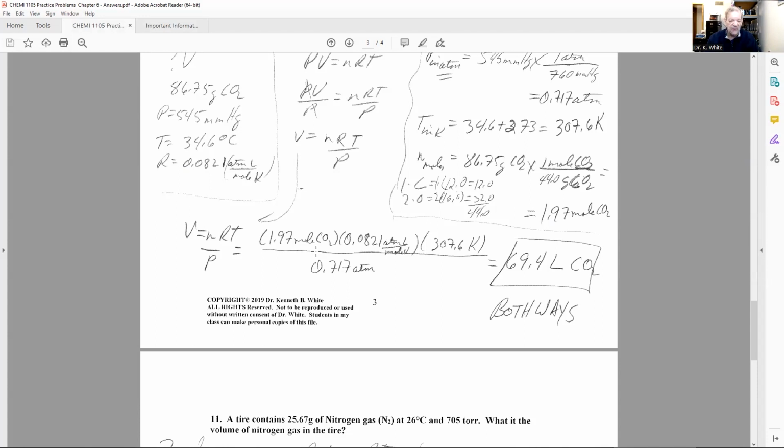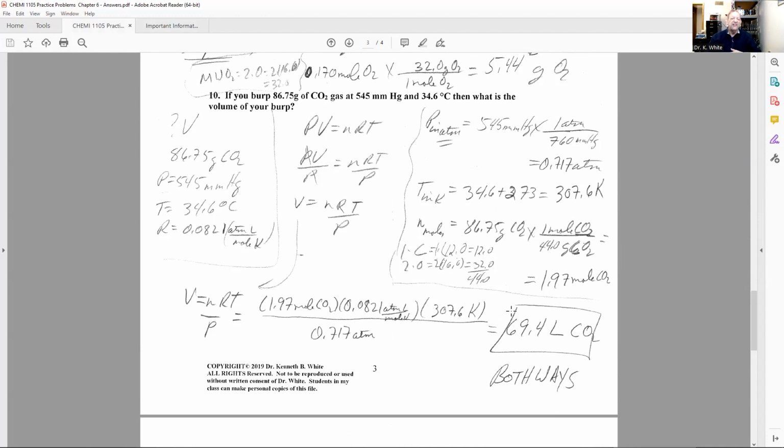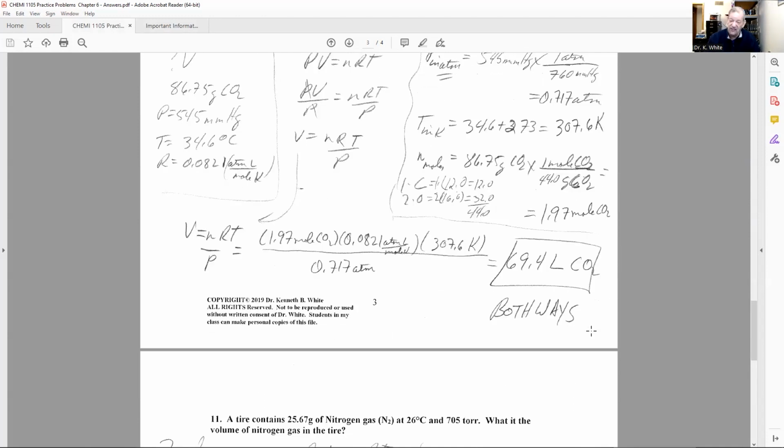And remember, for this, you get the same number of significant figures in your answer as the number that you're multiplying and dividing. It has the lowest, 3, 3, 3, 4. 3 is the lowest. And I get this 69.4 liters. Now, since your lungs only hold about 5 or 6 liters of gas, I obviously picked the wrong weight, but that would be one hell of a burp.